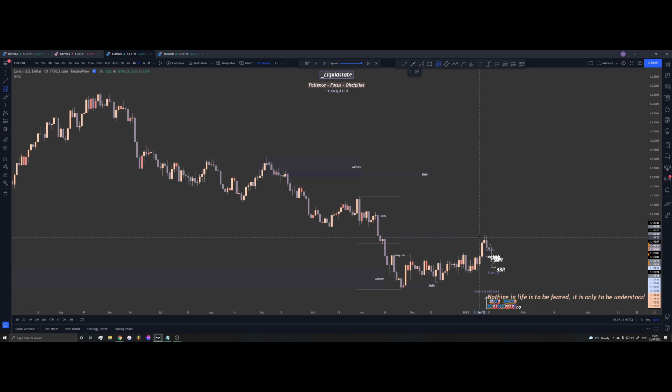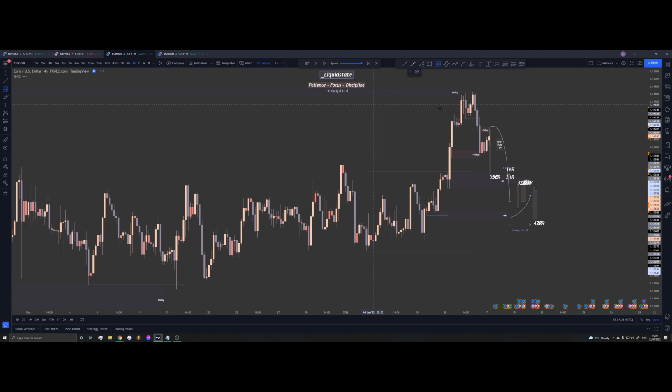So this 4 hour leg here is our most recent daily bullish order flow, until we get a change of character on the daily, which would be taking this low out here. 4 hour order flow is bearish, because you come up, take the high, take the low, and that's our current leg of order flow.